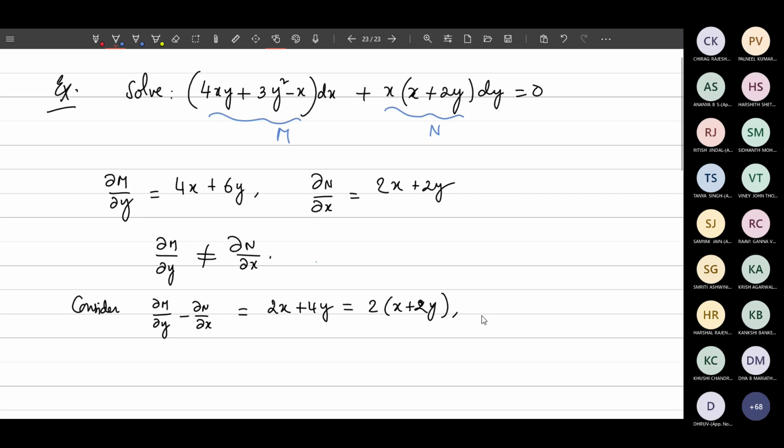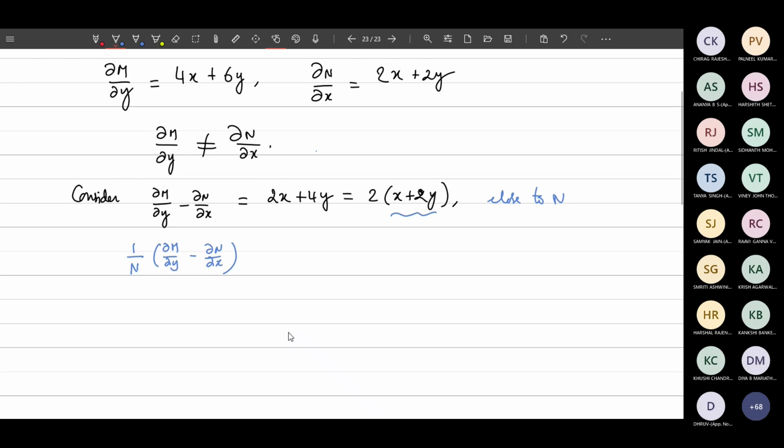But in N, x plus 2y is a factor, so it is close to N. The moment it is close to N, we need to calculate 1 upon N times (∂M/∂y minus ∂N/∂x). You see the procedure: if it is close to N, then you compute 1 upon N times the difference.